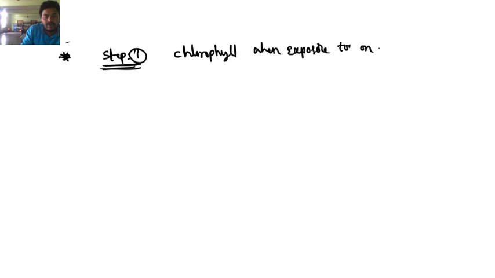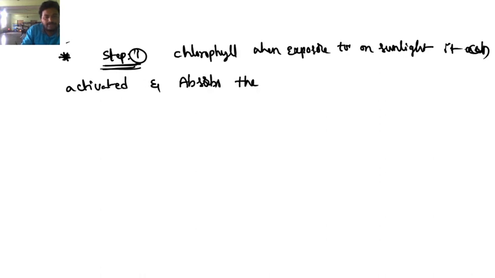The chlorophyll in the chloroplast, when exposed to sunlight, becomes activated and absorbs energy in the form of photons.